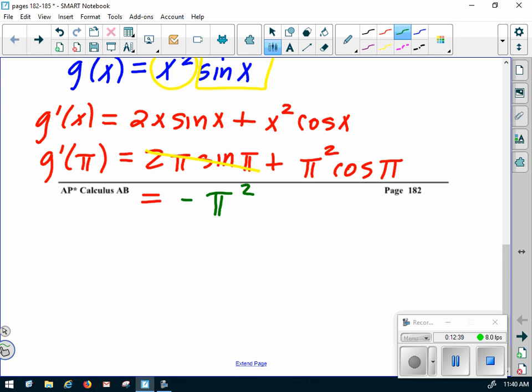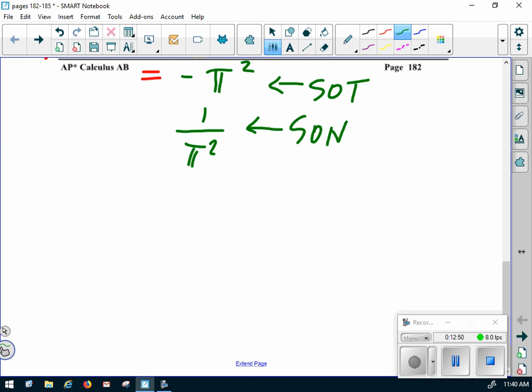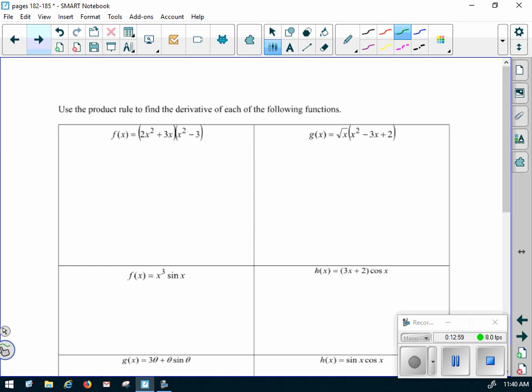That's the slope of the tangent line. What's the slope of the normal line? 1 over pi squared. Leave that in terms of pi. Do not go to a calculator. Next page.